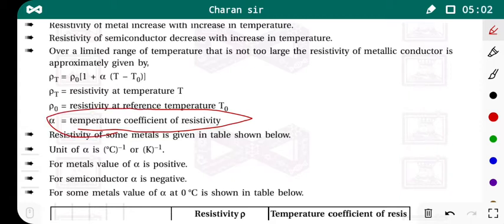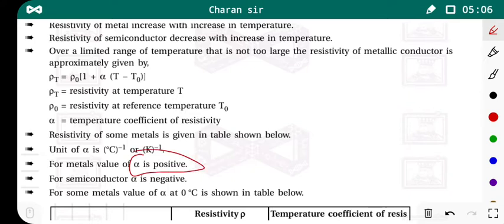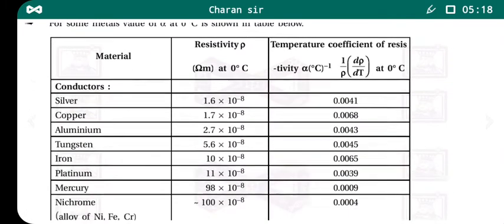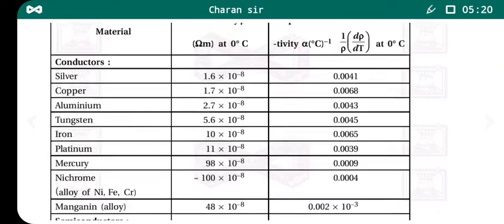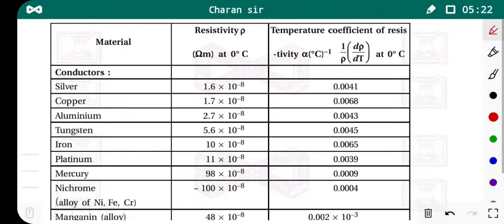Also, for metals the alpha value is positive, and for semiconductors the alpha value is negative. What is alpha? Alpha is the temperature coefficient of resistivity. Now here you have the tables, in which the values of resistivity for conductors and semiconductors are given.